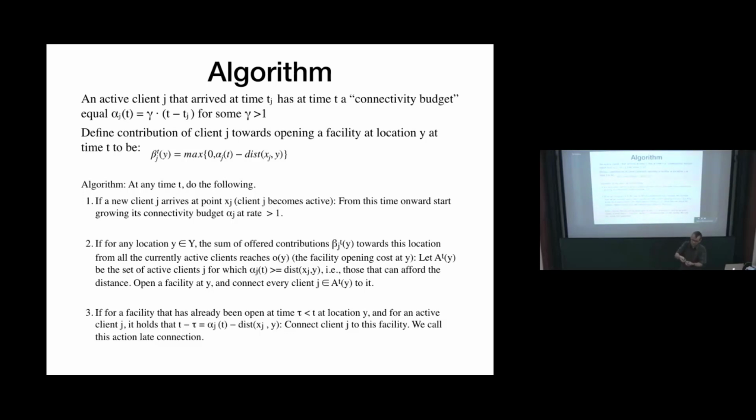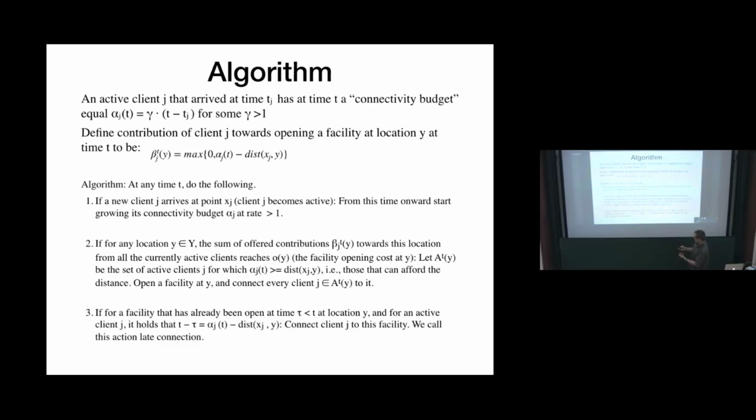But then clients become inactive once they are open, so they kind of withdraw their contribution. So that's not a standard primal-dual like Jain-Vazirani that produces dual feasible budgets. This will be slightly infeasible, but you do dual fitting analysis to scale it down to produce a dual feasible solution.